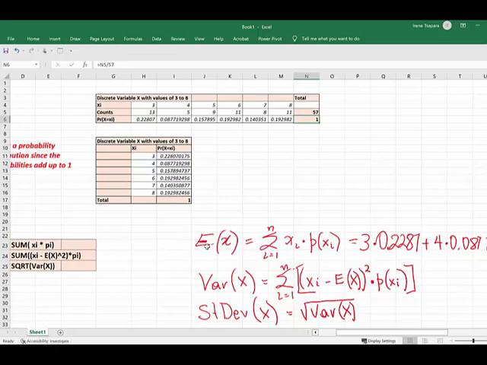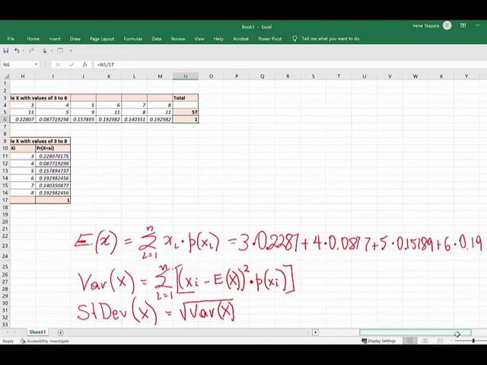And after I calculate the expected value, E of x, I can calculate the variance, because the variance requires you to take the square of the difference for each one of the xi's. You subtract from the xi the E of x, whatever the E of x is. You take the square of that and you multiply this by the corresponding probability. So if I want to calculate that, this would be 3 minus the E of x that I don't know yet, squared, times 0.2287.